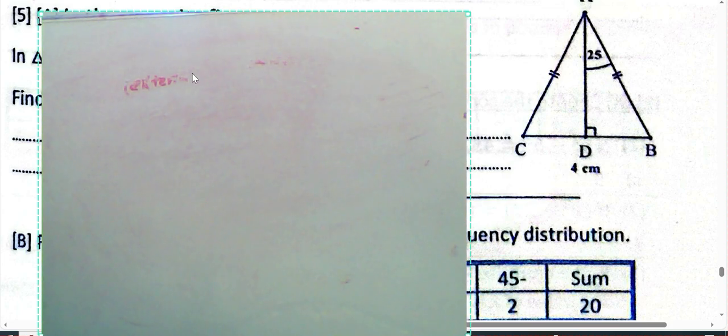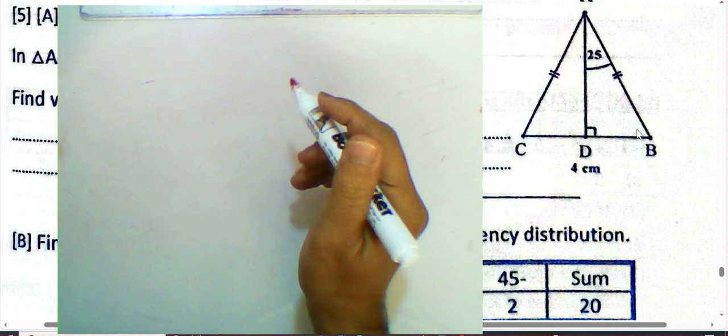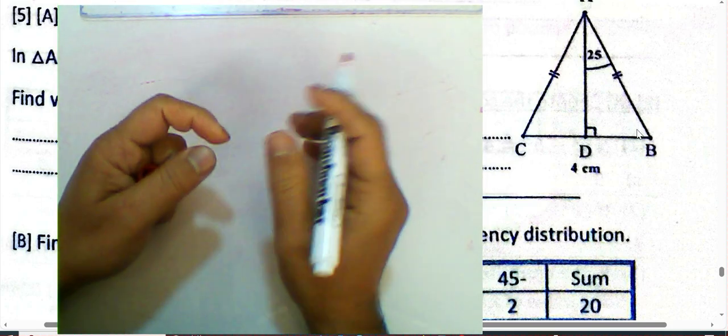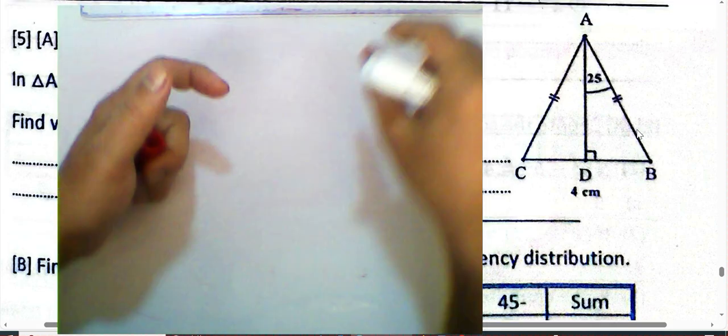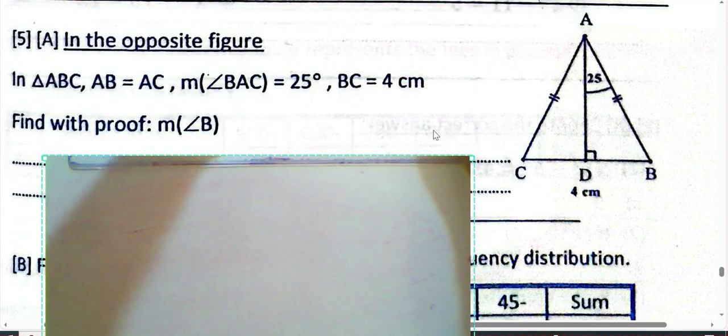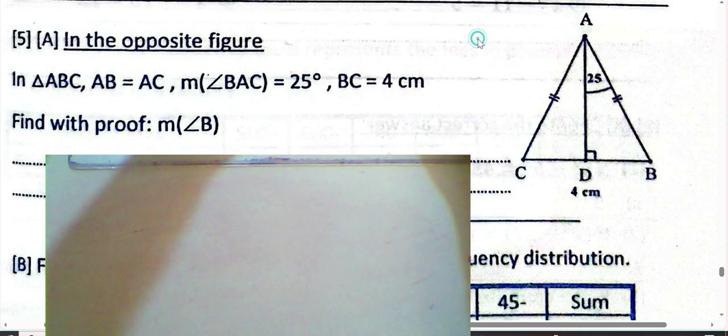We can use congruent triangles here. First step in this example, look with me. He wants to find, or prove, the measure of angle B. We have two triangles that are congruent. Direct questions want to prove the measure of angle B. We can look at this question in Arabic.